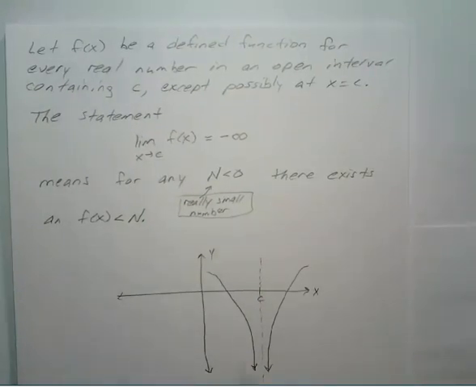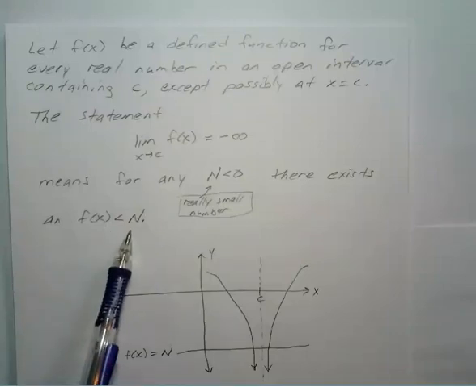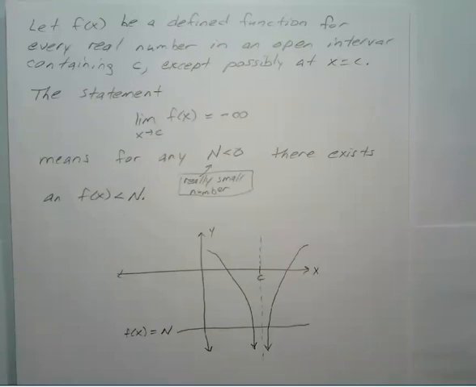So no matter what value you pick, negative 1 million, negative 1 billion, doesn't matter, whatever this N value is, there will still exist an f of x that will be less than that N value, no matter which one you pick.